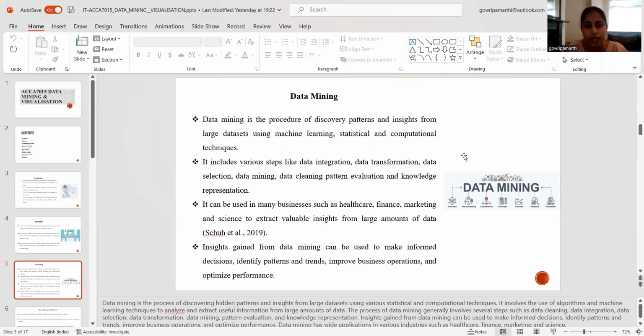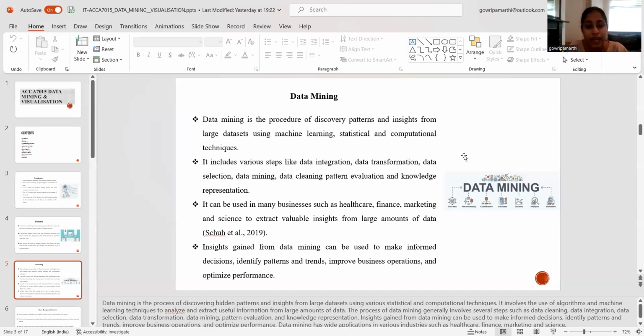Nowadays, not only in machine learning sciences but also in day-to-day life, data mining is used. That is healthcare, finance, marketing, and it will extract valuable insights from the large amount of data. We have a large amount of data. This technique will be used to extract the values and give an accurate output.